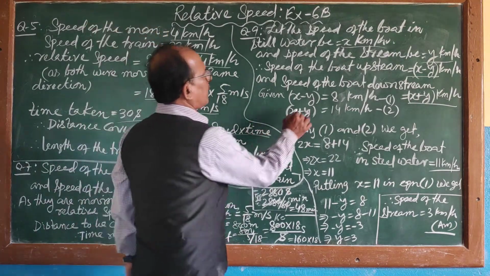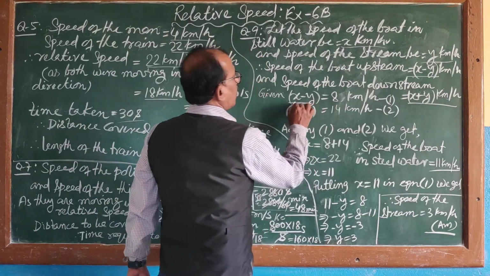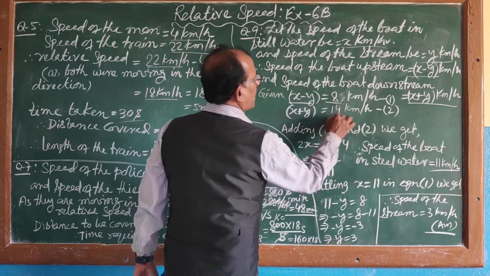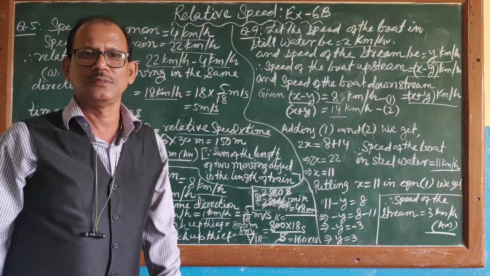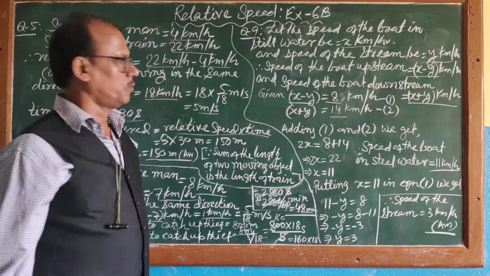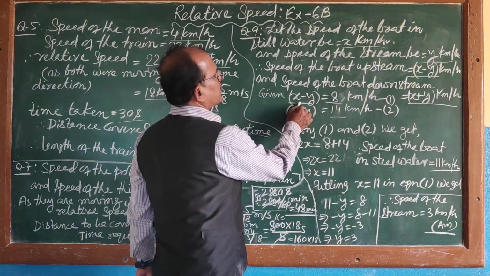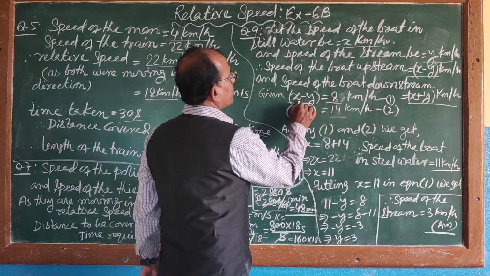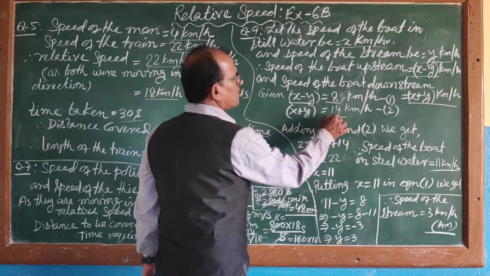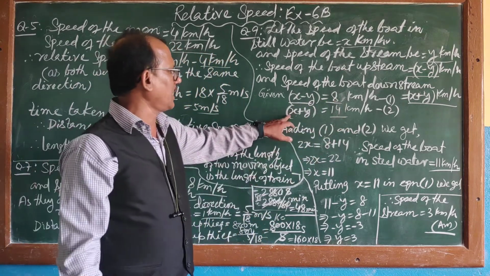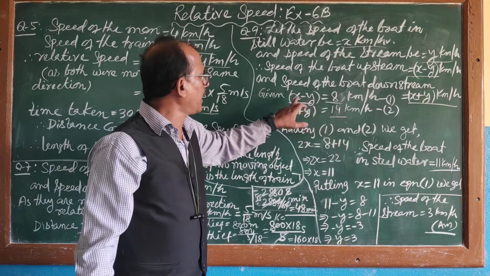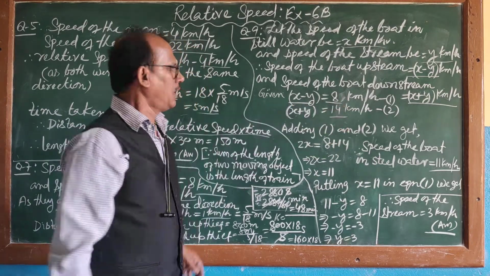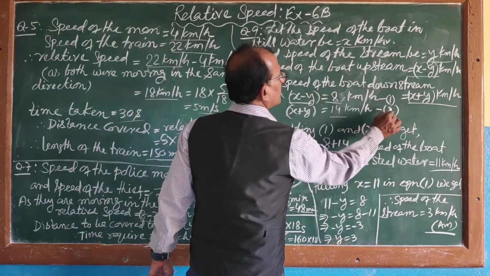Now what is given to you? Upstream is given as 8 km per hour, downstream is given as 14 km per hour. That is why x plus y will be 14 km per hour, x minus y will be 8 km per hour. I have made this equation 1 and equation 2.